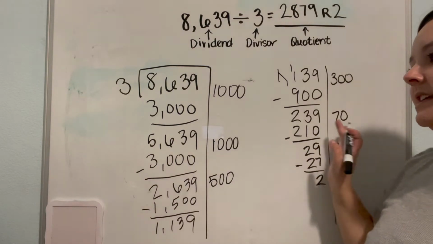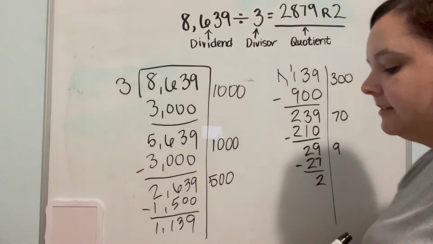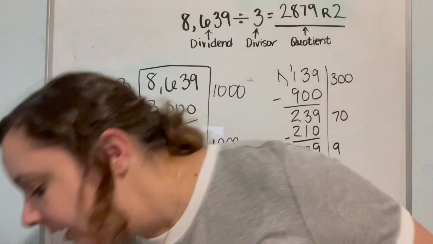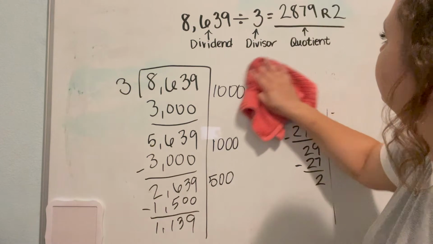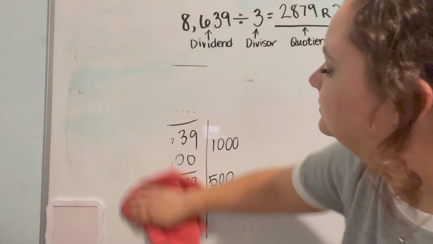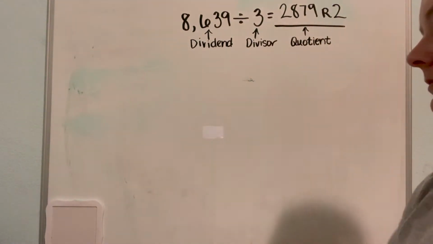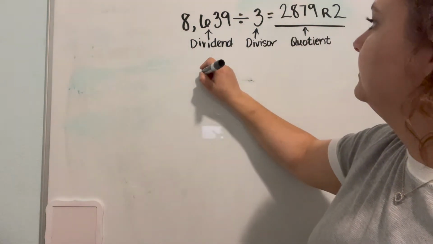Now I'm going to solve the same problem using standard algorithm and see if I get the same answer. Hopefully I do. So let's go ahead and set it up.